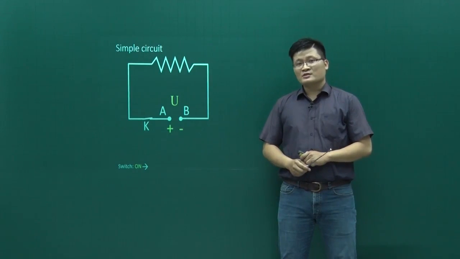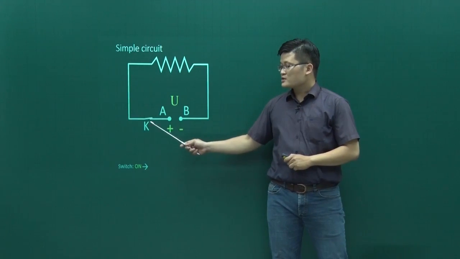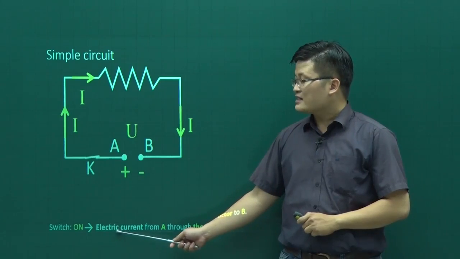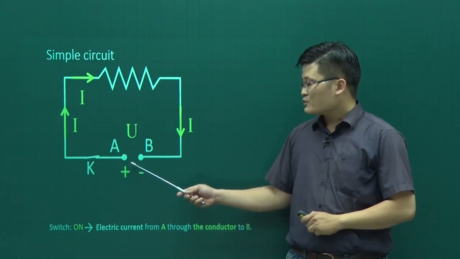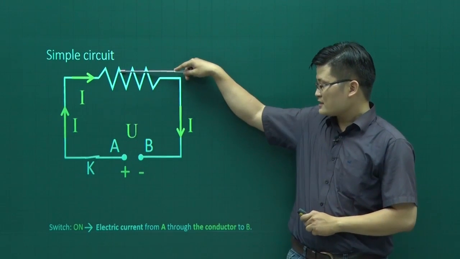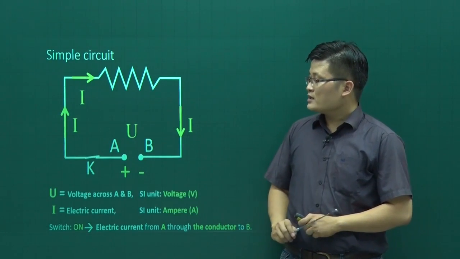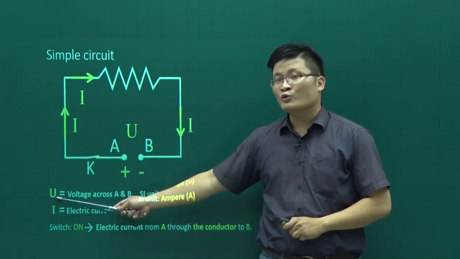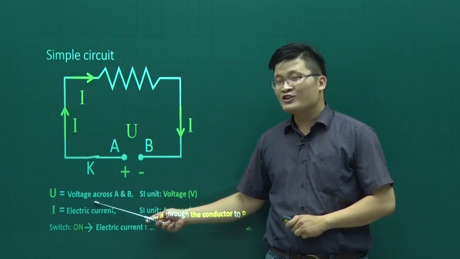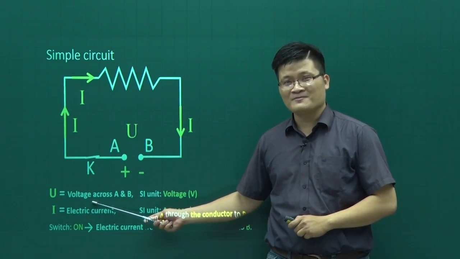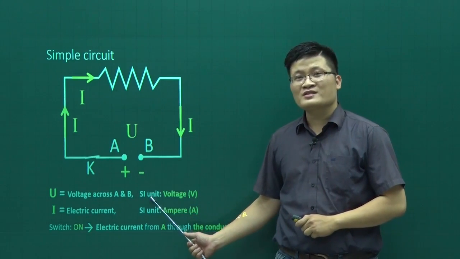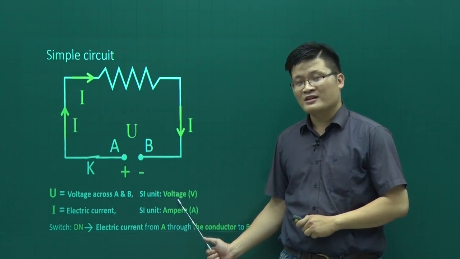Let's look at a simple circuit. In this case, the switch is on. There is electric current from point A through the conductor to point B. We use the symbol U to represent the voltage across A and B, and voltage is measured in volts.